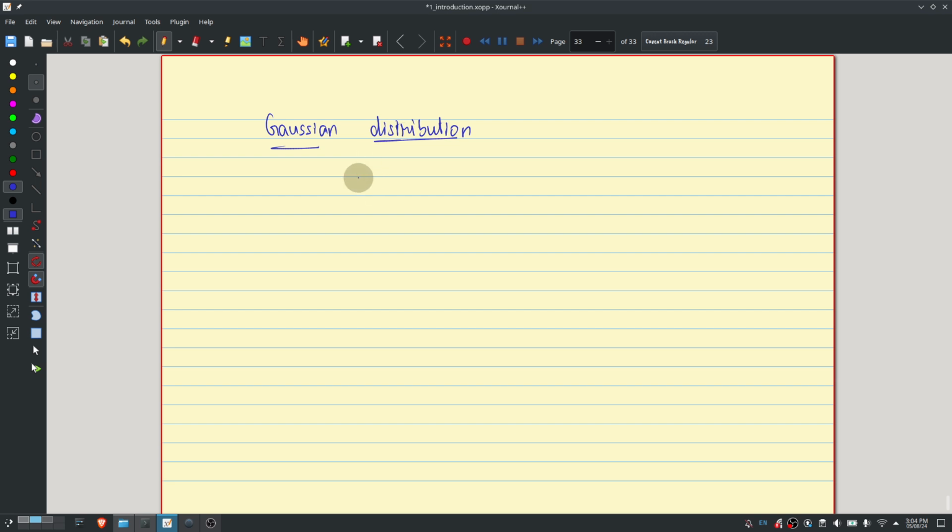Again, I'm assuming that X is Gaussian with mean, say, mu and variance sigma square. What is the moment generating function?